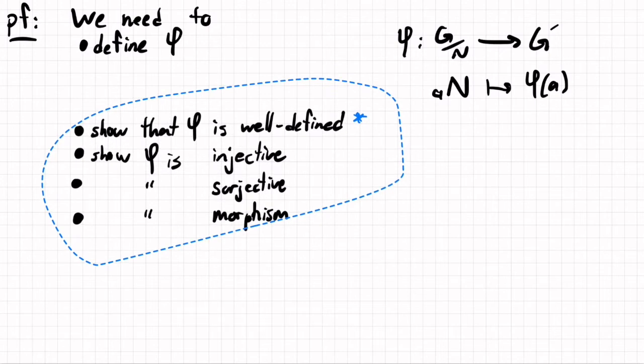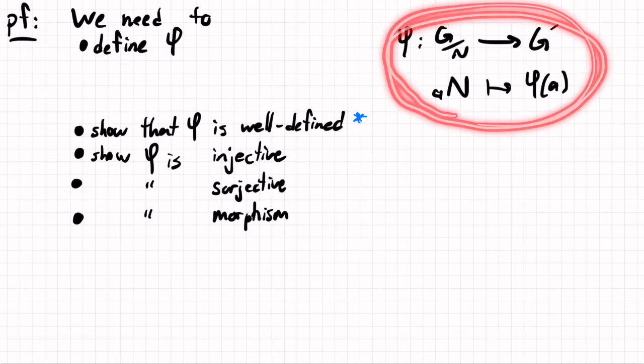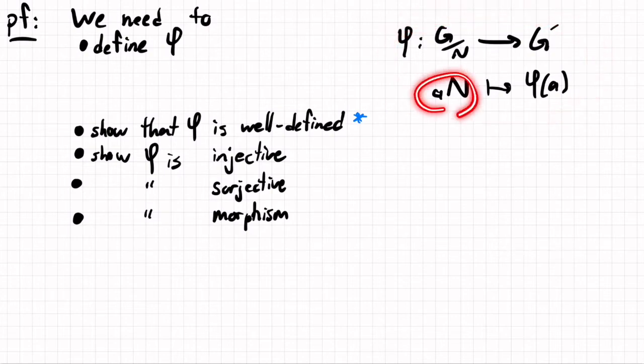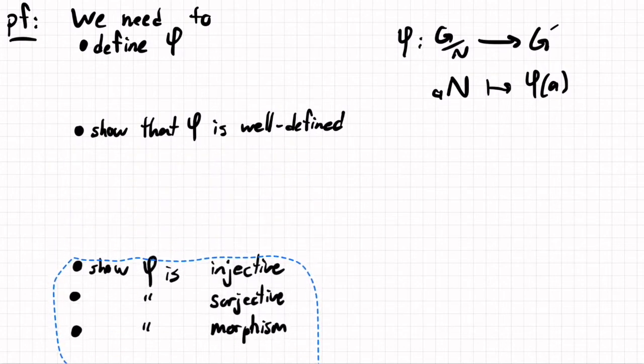So the problem with making a definition like this is that we don't know that this definition is well defined. Which is to say, if we take two different representatives of a coset, will they map to the same element in G prime? And so that's why we need to show that psi is well defined. The definition that we chose is not obviously well defined.